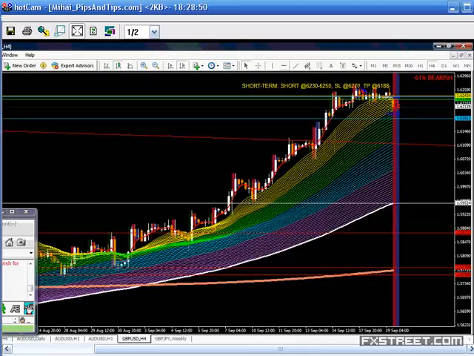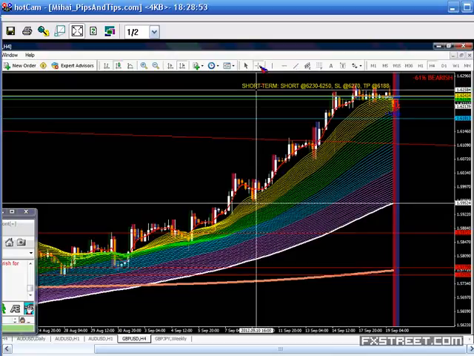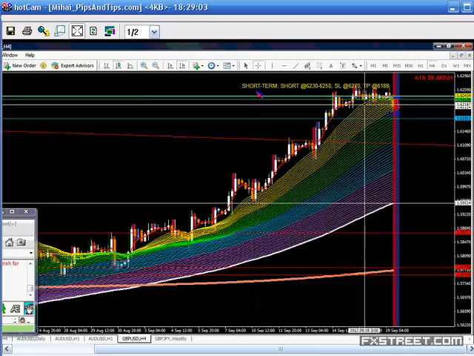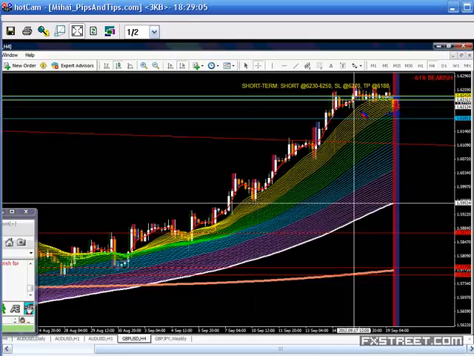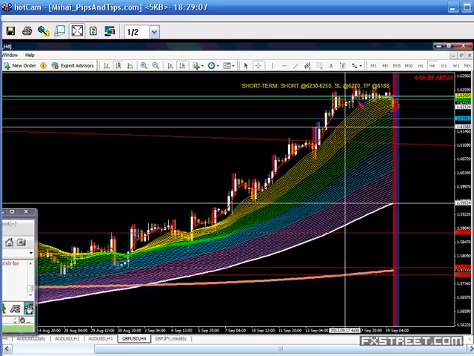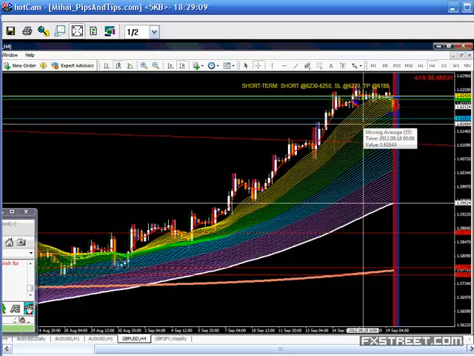We have a top. Okay, we have a resistance line. I'm just gonna show it, not gonna mark it on the chart because it will confuse the rainbow levels. So 62.50, 62.60, and the hourly closed below the small support at 62.30.